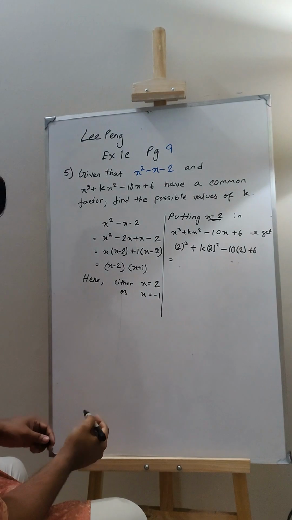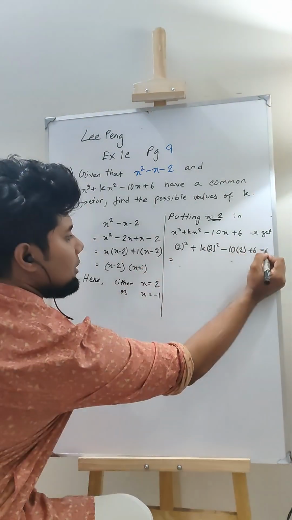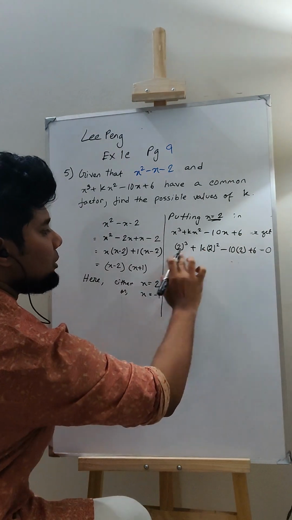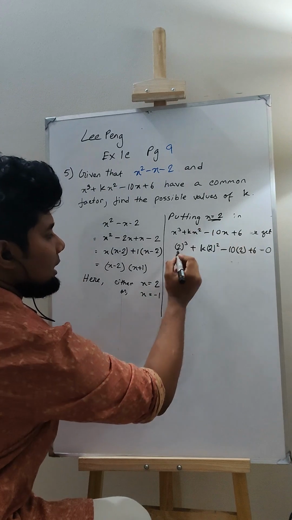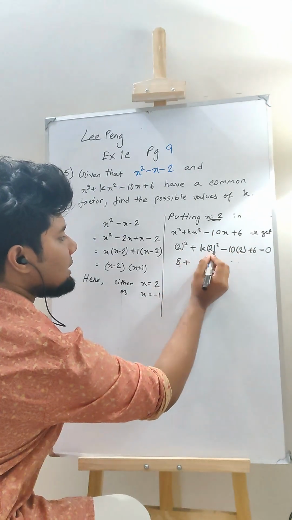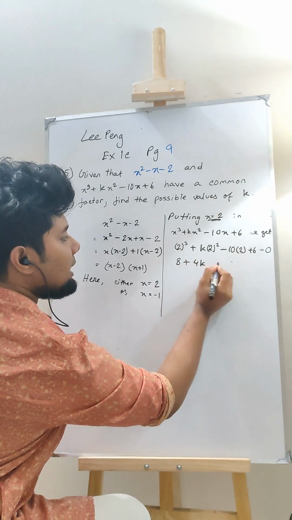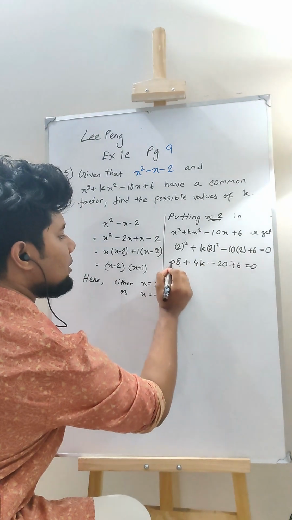And that's equal to 0, because we have to find the value of k. It is also a factor, so this is 8 plus 4k minus 20 plus 6 equals 0.